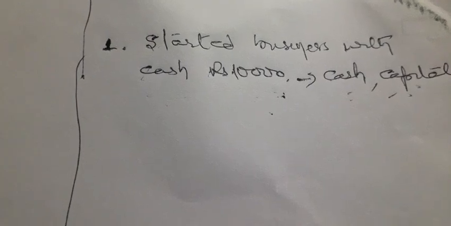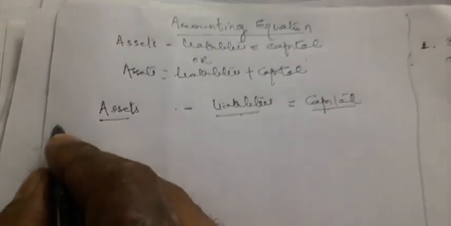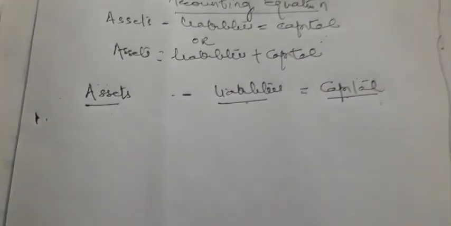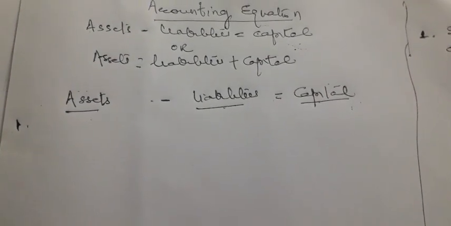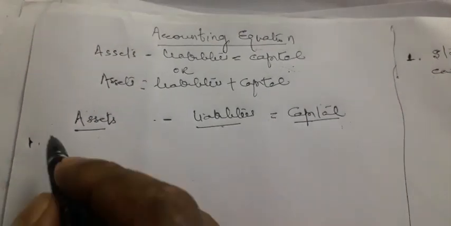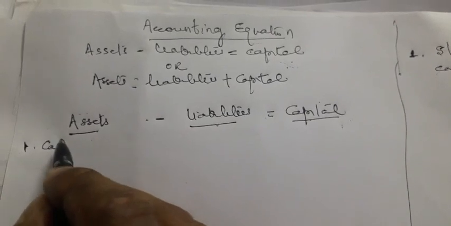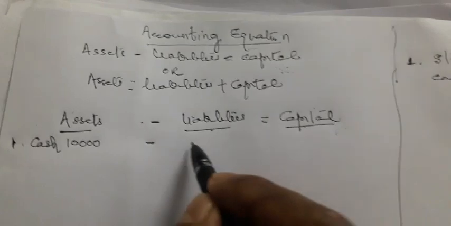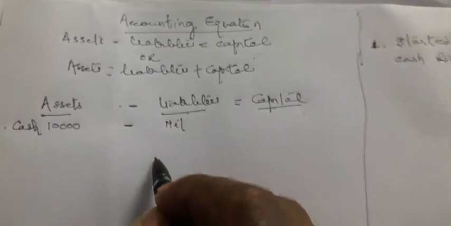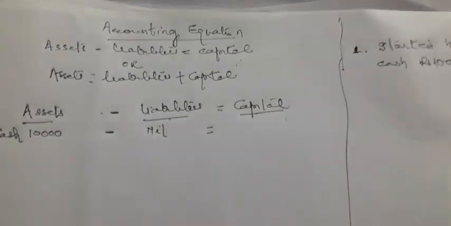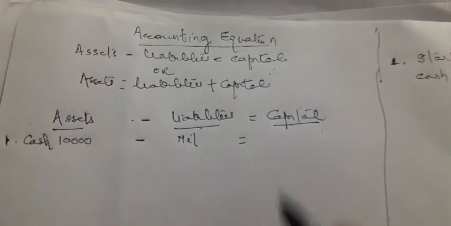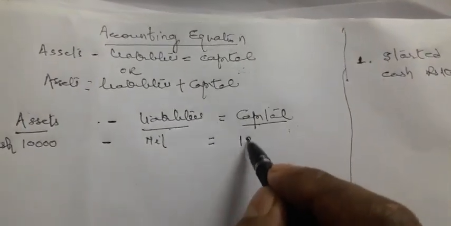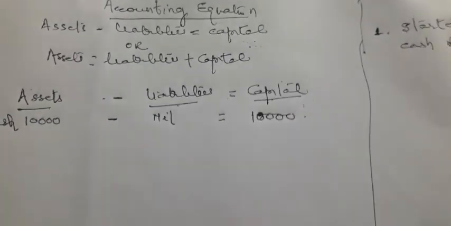So these two aspects are there in this transaction: cash and capital. Cash is an asset, capital is a liability. How will we put this in the equation? First transaction. In this transaction, cash is invested in business, cash is coming into the business, so there is an increase in an asset called cash of rupees 10,000. There is no liability in this transaction, but because cash is invested in business, there is an increase of 10,000 in the form of capital.